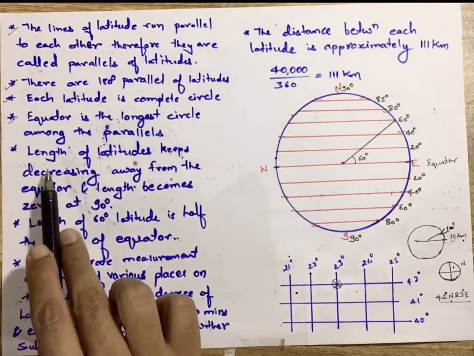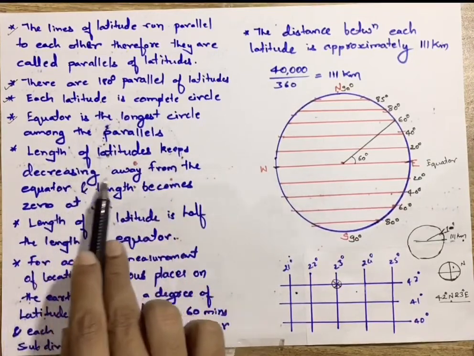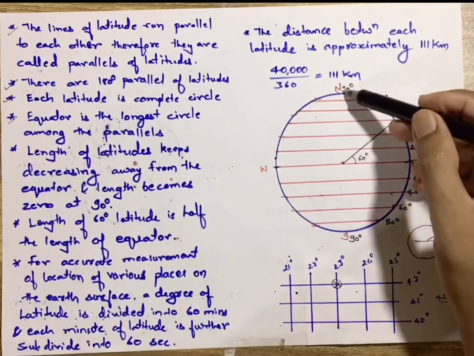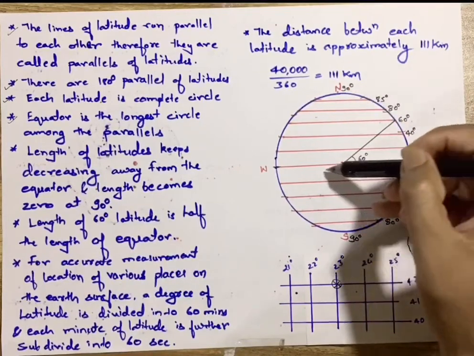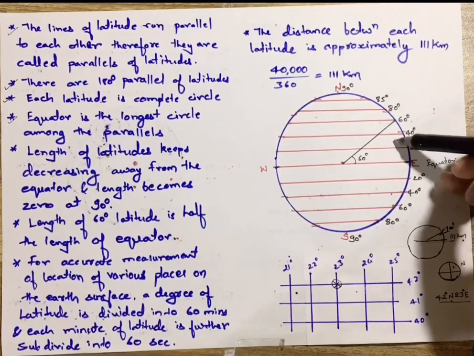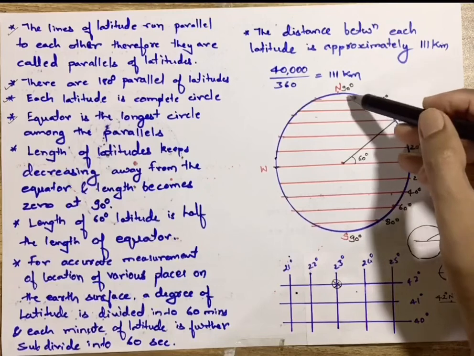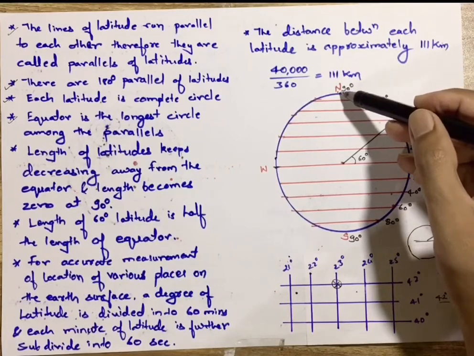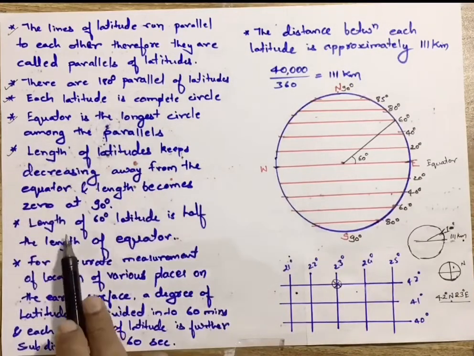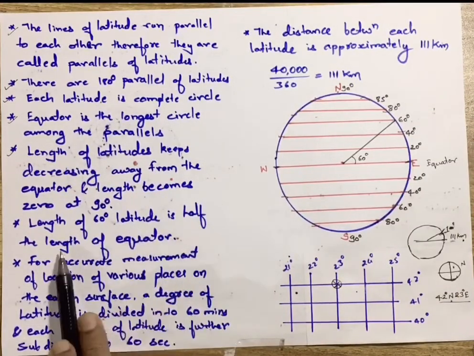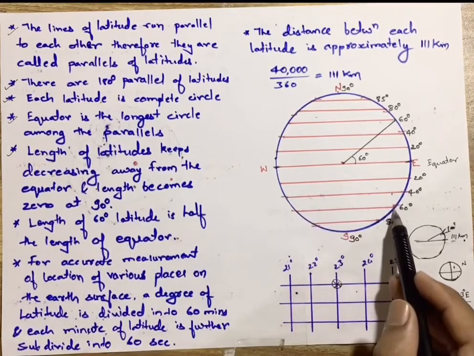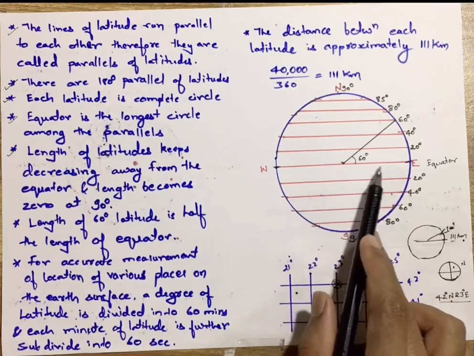Next point is, length of the latitude keeps decreasing as you go away from the equator, and at poles it becomes 0. You can see over here, at the equator the length of the latitude is more, and as you go away from the equator and move towards the pole, it becomes almost 0 at the poles. Length of 60-degree latitude is half the length of the equator. This latitudinal line is half the length of the equator.